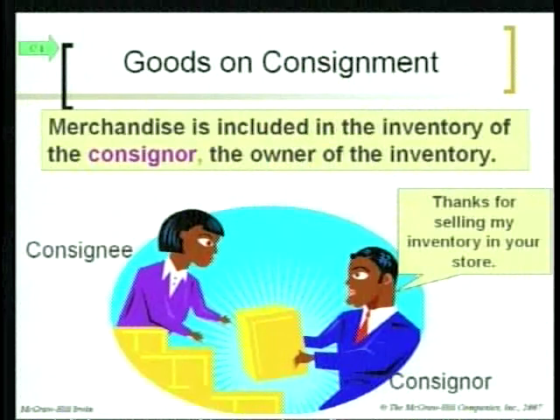Okay, what about goods on consignment? What are those sort of things? Well, let me give you an example. Let's say that you go to a Hallmark store where they sell greeting cards and all that sort of stuff. And you can come off the PowerPoint if you want.